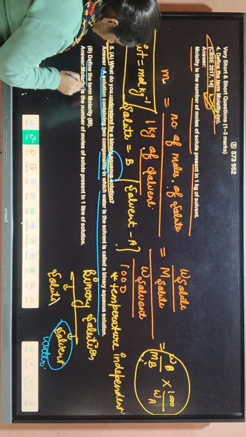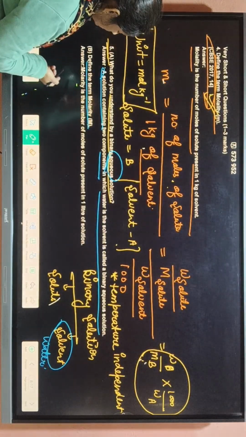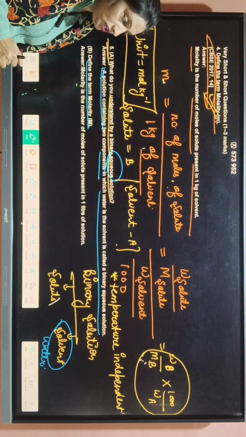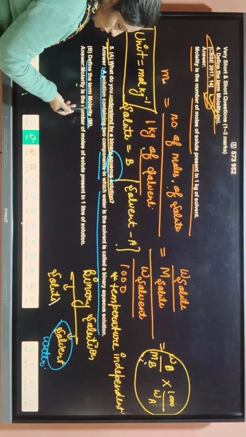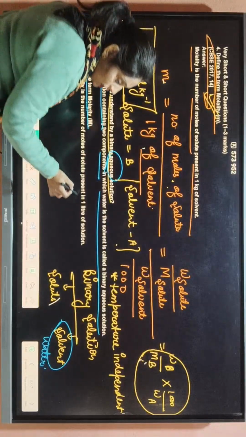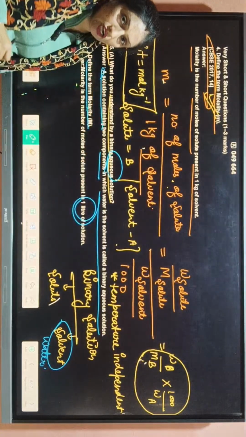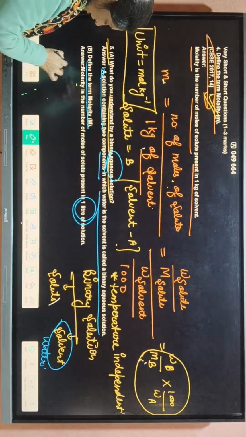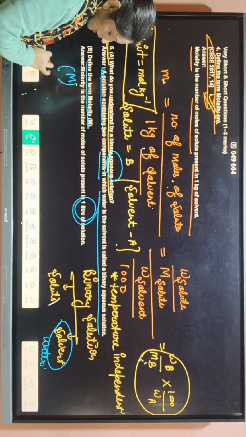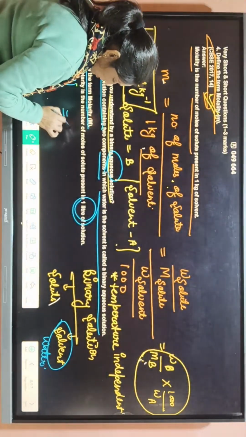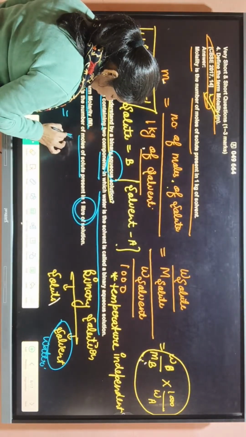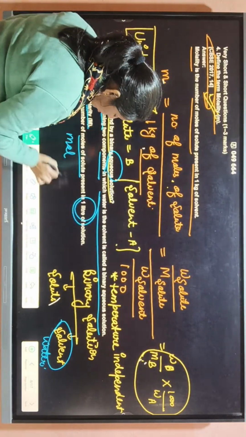Next one, define the term molarity. Students, I already told that molarity is the number of moles dissolved per liter of the solution. It is denoted by capital M. The unit is mole per liter of the solution.